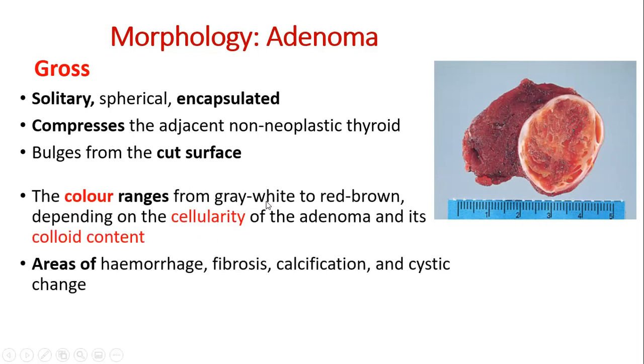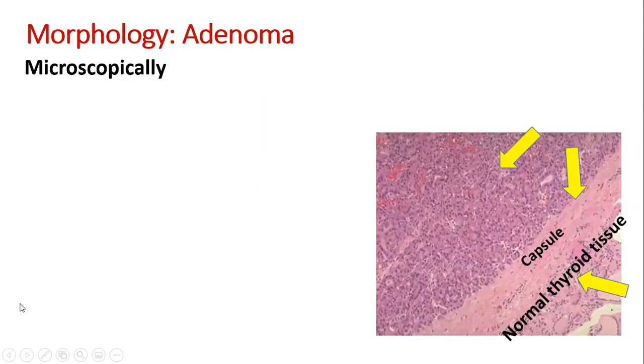The color ranges from gray-white to red-brown depending upon the cellularity. Red-brown has more colloid and gray-white is more cellular. Areas of hemorrhage, fibrosis, calcification, and cystic change are seen, secondary changes, though it's benign.